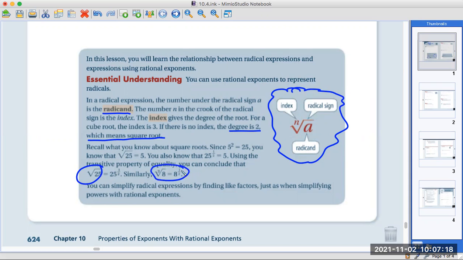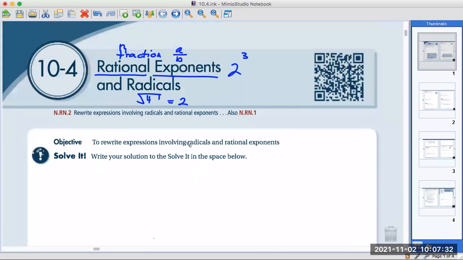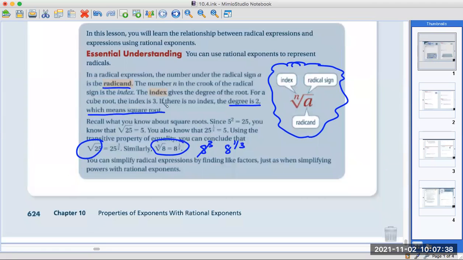The third root of a number can also be written as the number raised to the power of 1/3. It's not 8 to the power of 3, it's 8 to the power of 1 divided by 3. That's what the lesson is on, fractional or rational exponents, okay? And here's the connection between them.